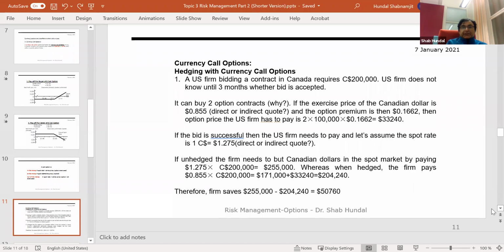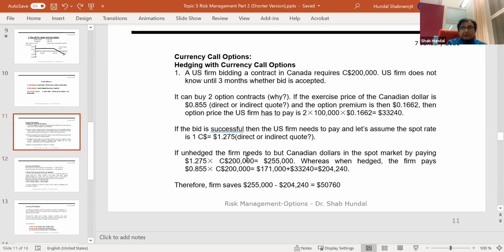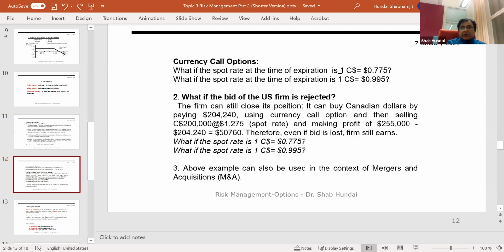Okay, so we carry on with this example. If the future spot rate was 0.775, now 0.775 is below the 0.855. It means when it's 0.775, the option is out of the money.